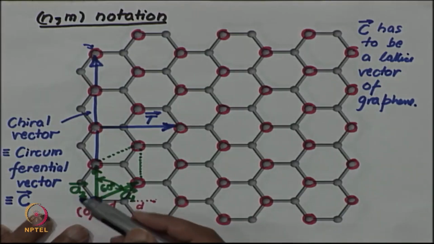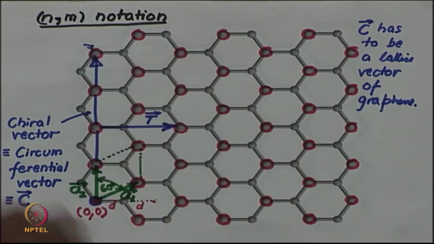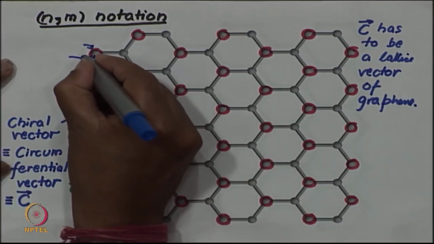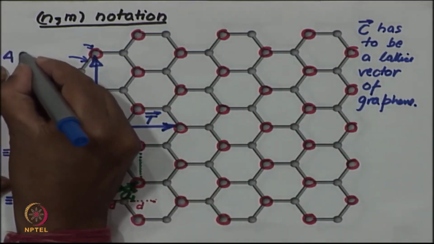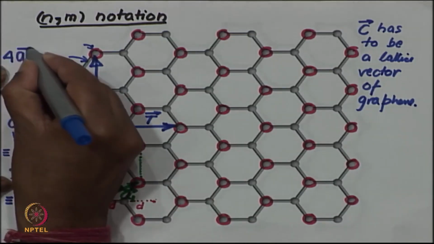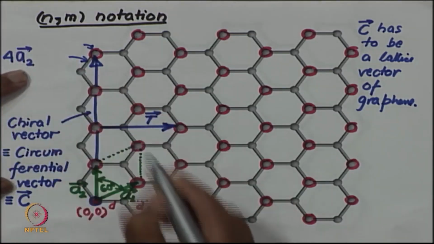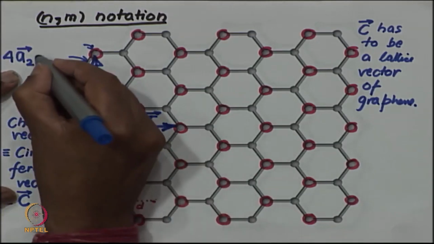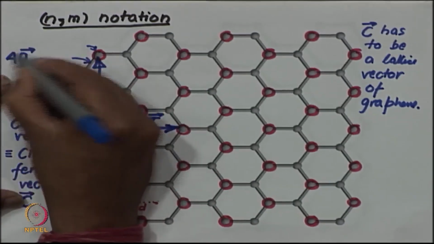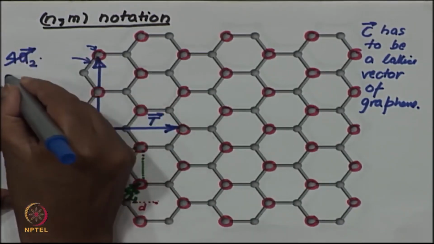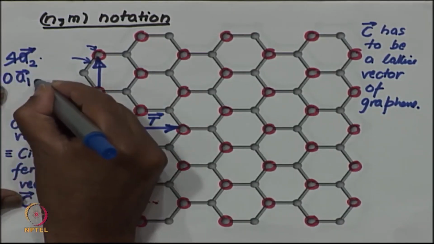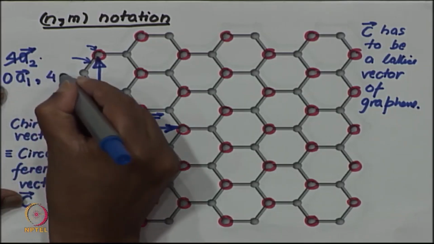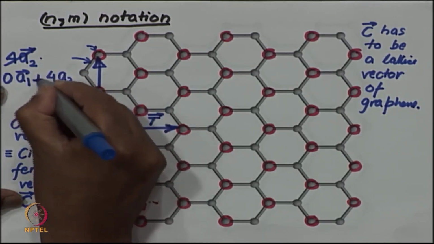In particular, you can see that this particular chiral vector which I have drawn here is 0 A1 plus 4 A2.